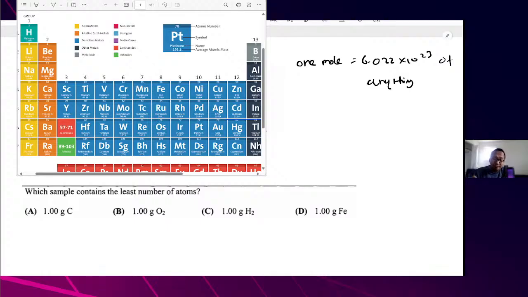But hold on. O2 is a molecule, not an atom. Which means 1 mole of O2 is 6.022 times 10 to the 23 molecules, not atoms. Like I mentioned, it might be anything: molecules, marbles or atoms.